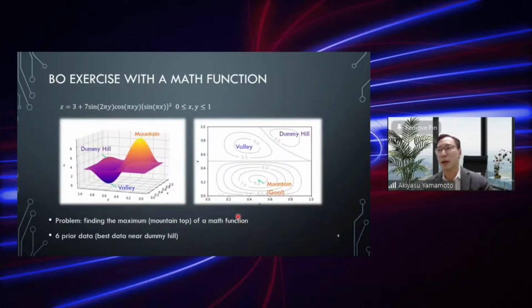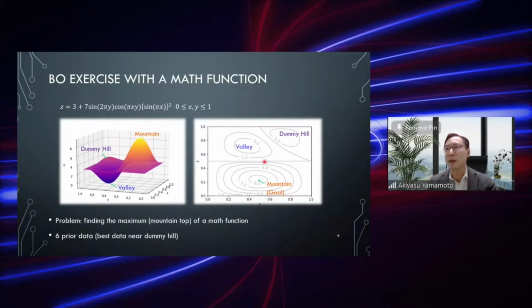Okay, so as an example of BO, now I would like to show you some exercise on such a mathematical function like this. This function consists of a high mountain with a target maximum value here, and a valley and a dummy hill with a local maximum value.